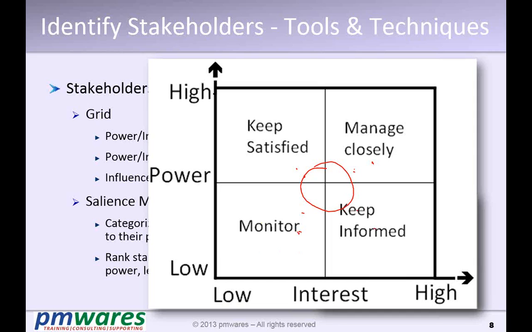But look at the interest. Is he doing his own project? Normally functional managers are not doing their own projects. They depend on the projects being done by other people. So if his resources are in four other projects, his performance is rated based on how he has supported these four projects, right?